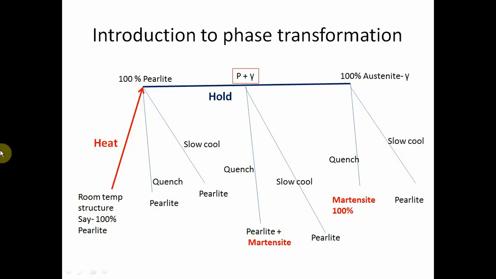So this curve, the arrow indicates heating, followed by holding and followed by cooling with different cooling rates. Normally at room temperature, the structure is, for example, 100% pearlite in the case of a eutectoid steel.